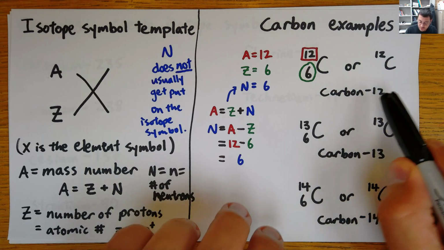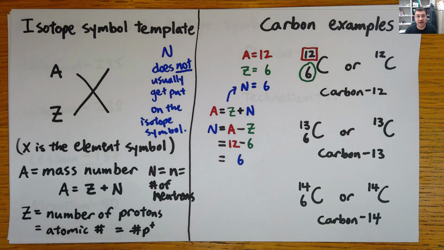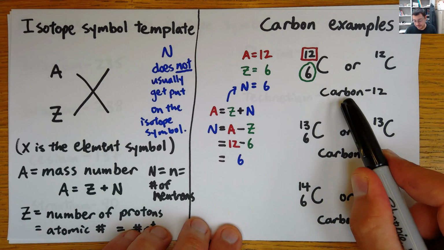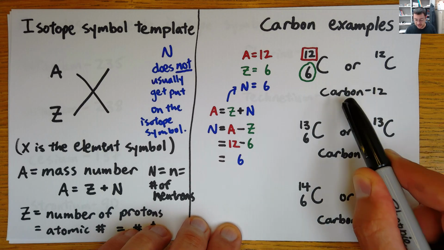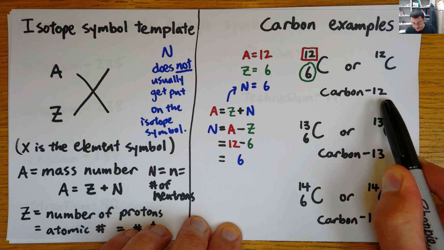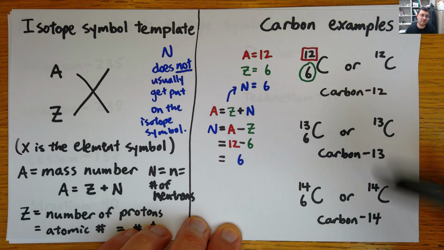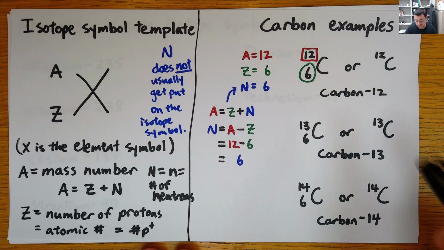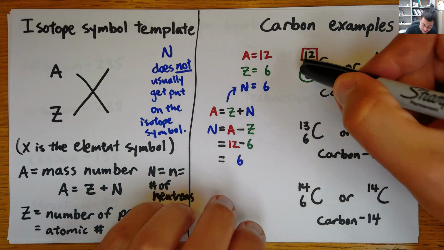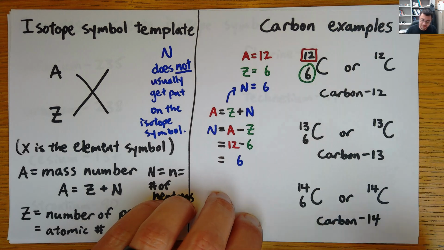You can see that when we're talking about a specific isotope, we say the name, and then we say the mass number. We don't mention the Z, the number of protons, in the name of the isotope, and that's because you can already tell what that is just from the name alone. So for carbon-12, put a 6 there, you put a 12 there.